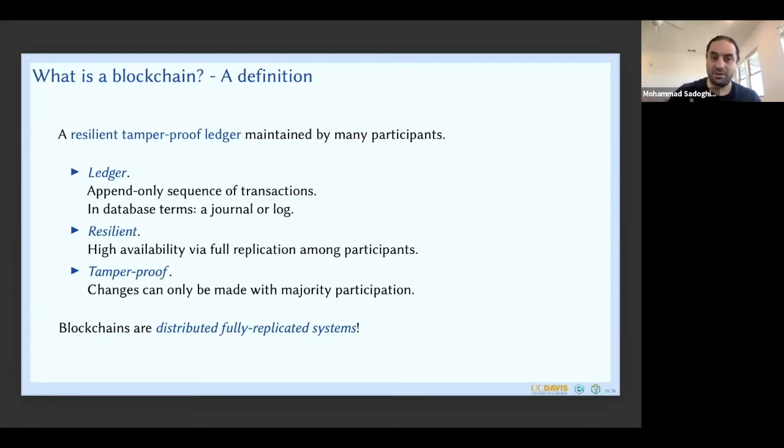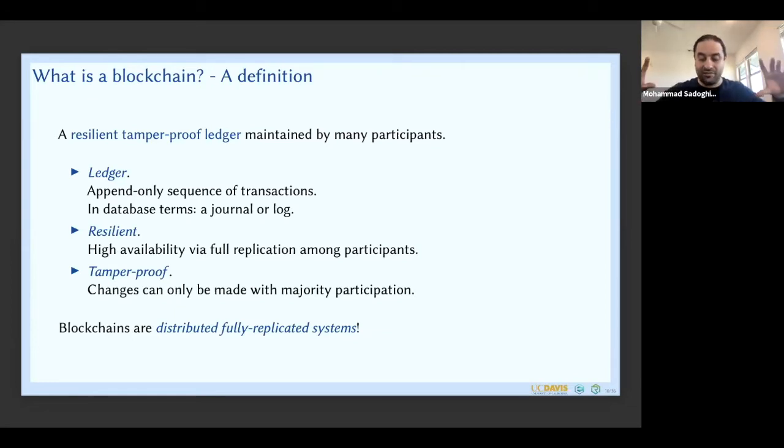But in blockchain, in this type of ledger, we just have this sequential log. Any new transaction that comes simply gets appended to this log, and this log is the representation of all the transactions that have been executed so far.